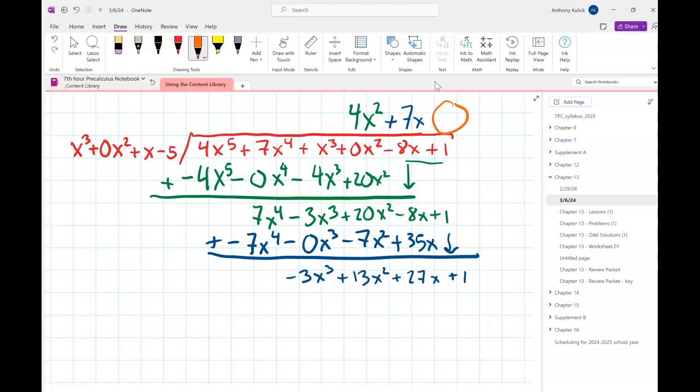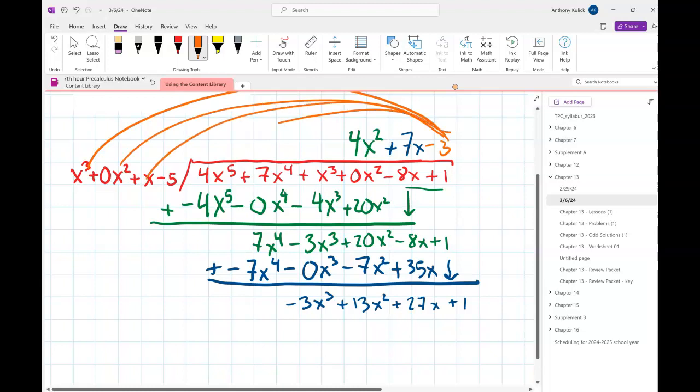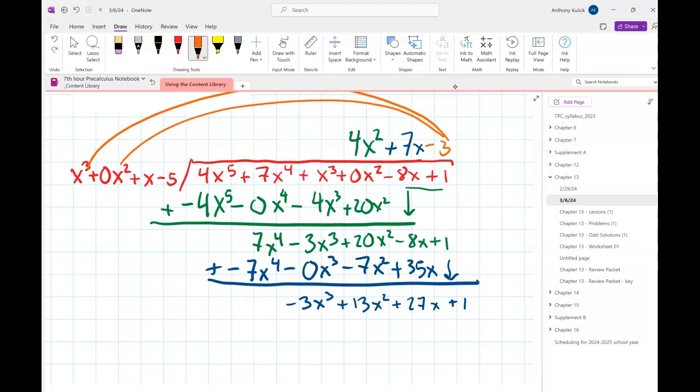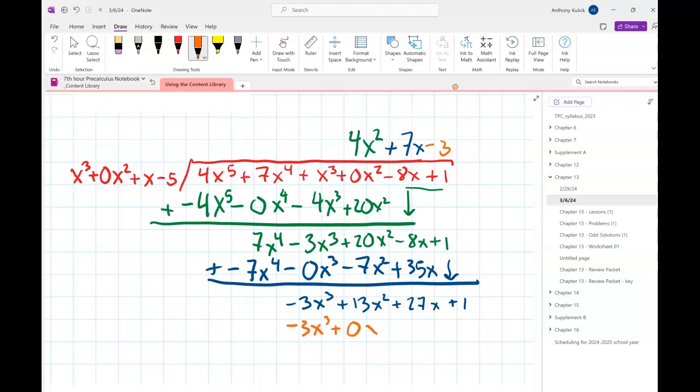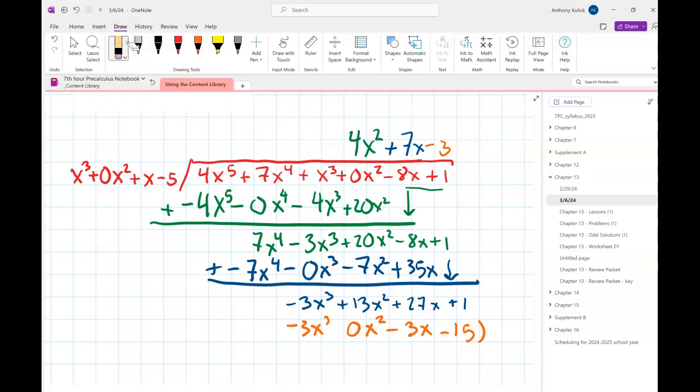Negative 3. And then again, distribute that to the entire divisor. And we'll write that underneath. We'll subtract down. And we'll distribute that negative through.